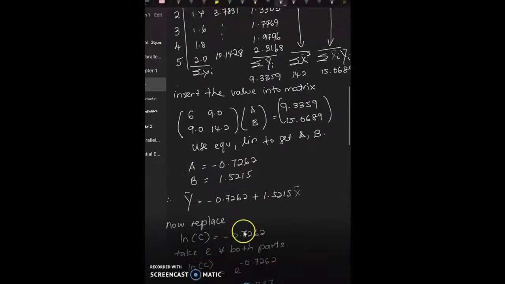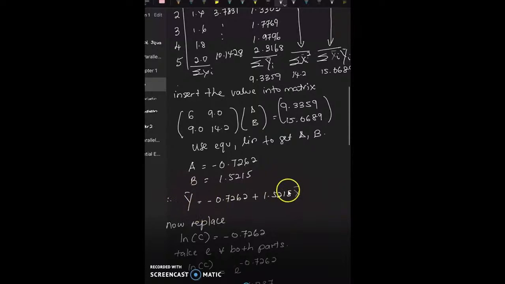All right, so now let's replace. We replace a as negative 0.7262 equal to ln C. We replace d equal to b, 1.5215.